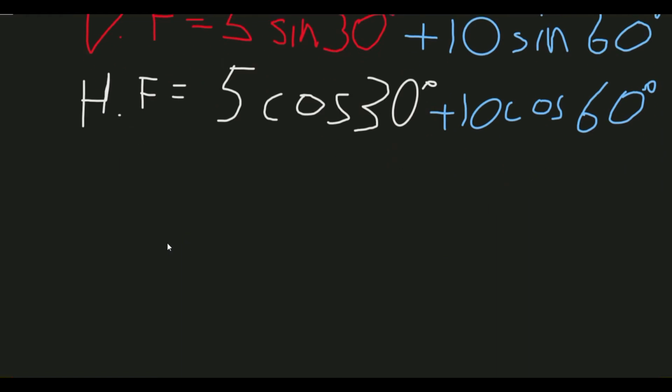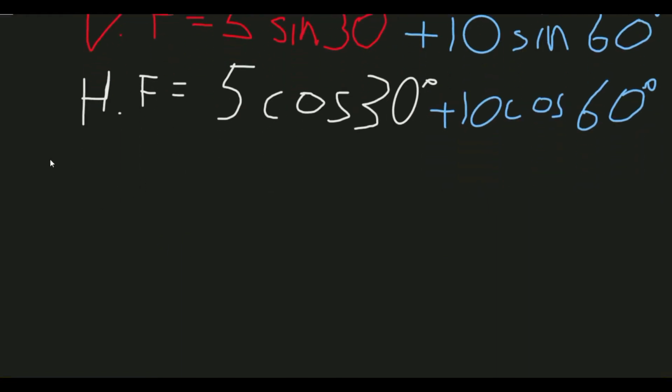Alright, so just finding the values, we will have the vertical force equals 5 sine 30 degrees plus 10 sine 60 degrees. That gives us a value of 11.2. Let's write 11.2 Newton, right? Because it's a force. Let's talk about the horizontal force now.